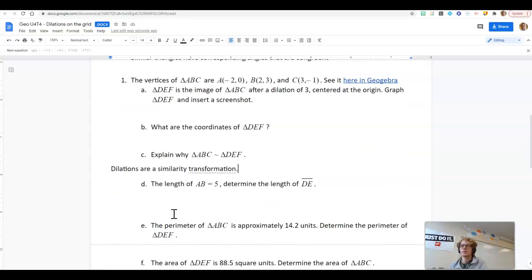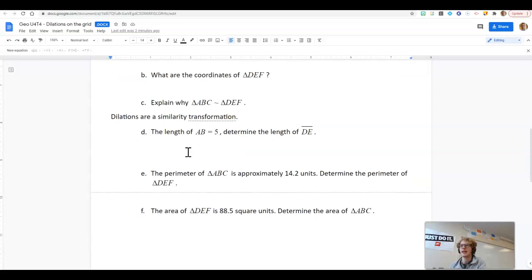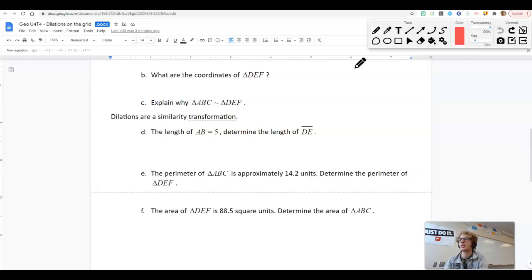Okay? The next piece is asking, if the length of AB is 5, determine the length of DE. And this brings up the next piece of dilations. So let me pause the video for a second. Okay, had to open up my toolkit here.